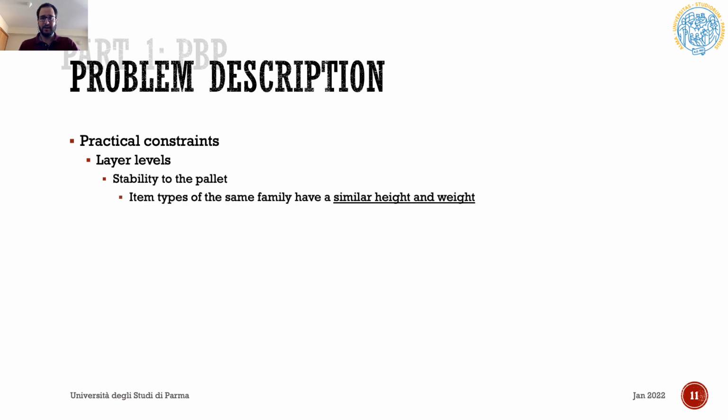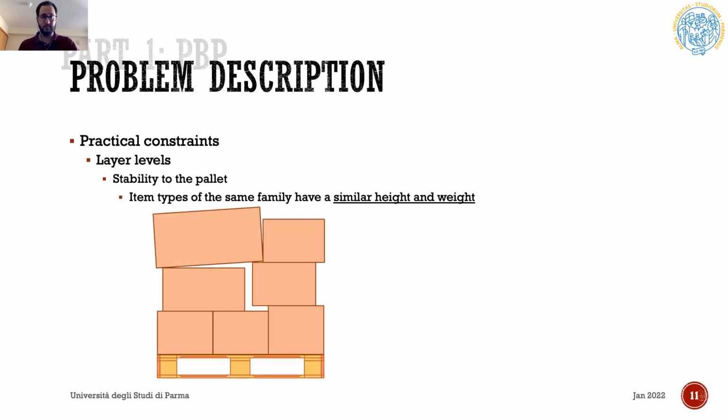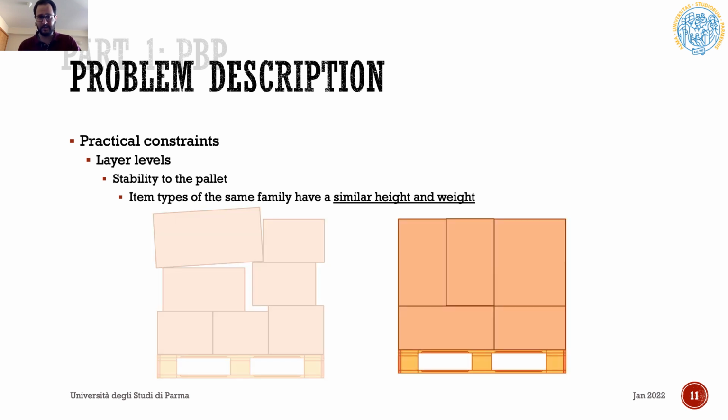Because it emulates the stability constraints. Since items of the same family have similar height and weight, not necessarily equal, but very similar. So to avoid this situation, unstable pallet, layers composed by those items tend to create stable pallets like this one.